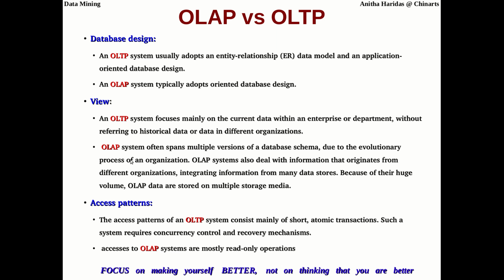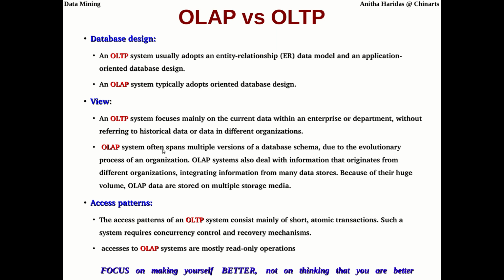Whereas the OLAP system spans multiple versions of the database schema, because it uses the evolutionary process of an organization. Why? Because it is going to have the historical data. For example, what happened in the last 5 years, in the last 10 years, right from the implementation of the business, right from the installation of that particular business. That is what is stored in the OLAP system.